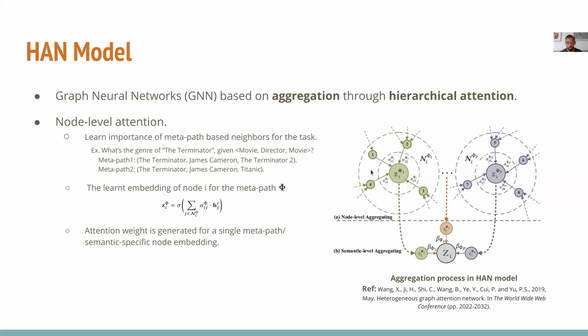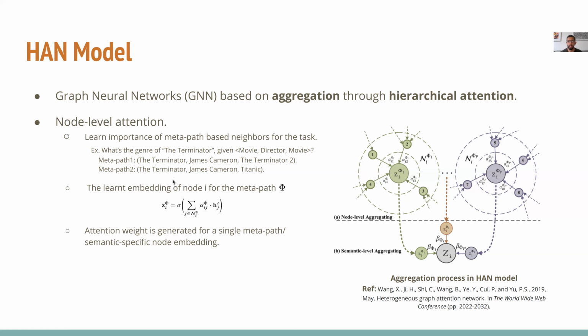So this part is node level attention. We can see the intuition behind this. Say we have the movie node Terminator, and we're trying to decide the type of the movie, and the metapath we're going to consider is movie, director, movie. Once we apply this metapath on this node in the graph, we find Terminator, James Cameron, Terminator 2, and Terminator, James Cameron, Titanic. Let's say the task is to predict the type of the movie.